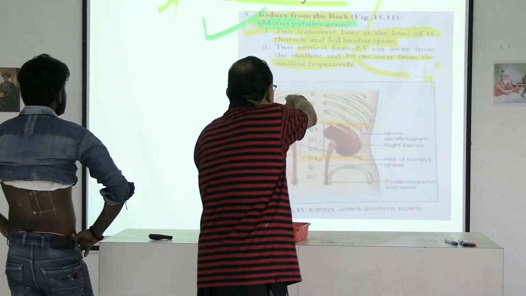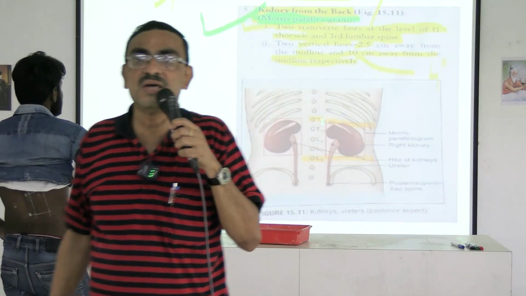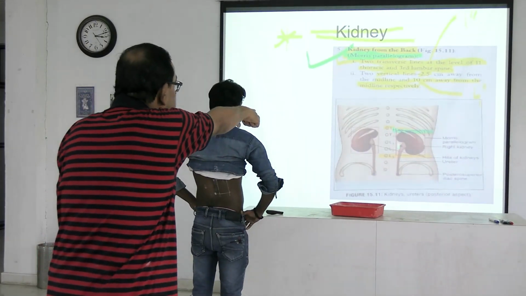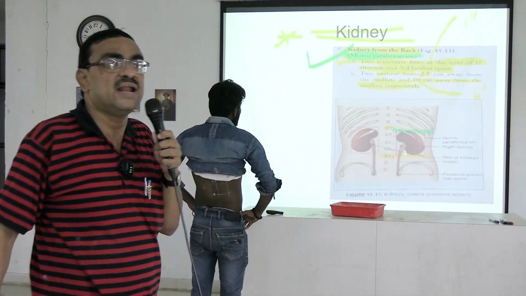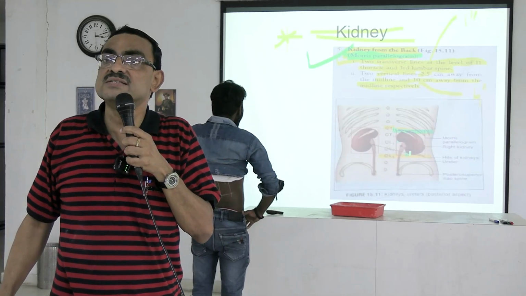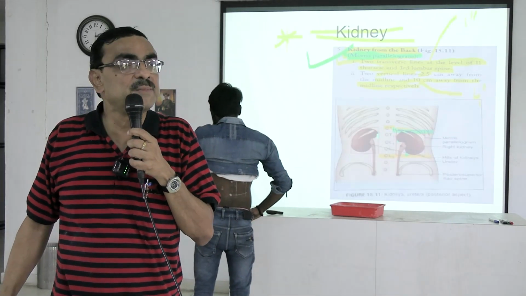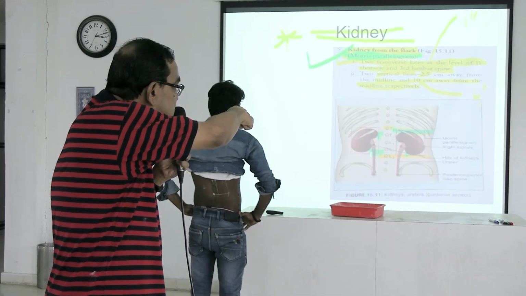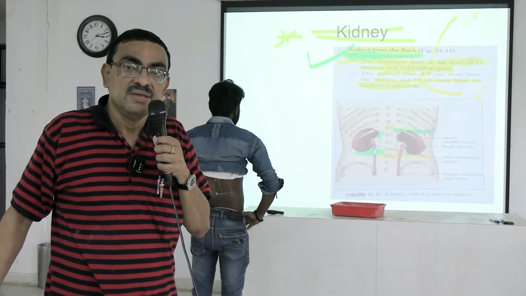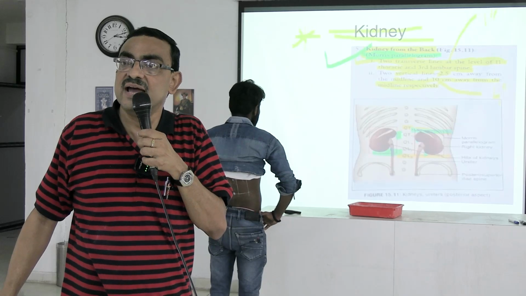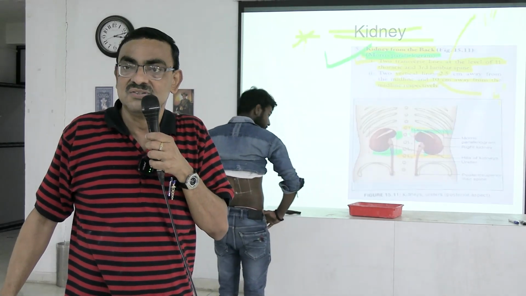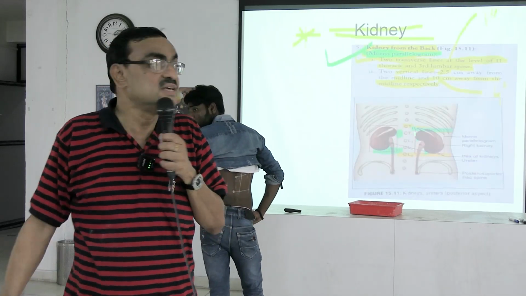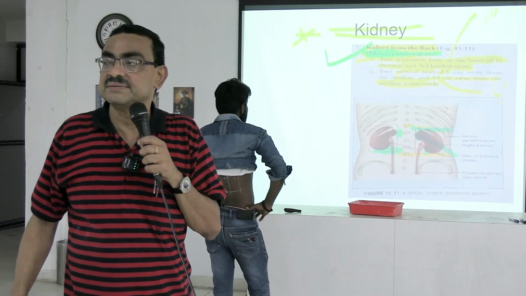You can see the upper pole is nearer to the midline, whereas the lower pole is away from the midline. The upper pole is 1 inch away from the midline, whereas the lower pole is 3 inches away from the midline. So it is placed obliquely. So this is called the kidney from the back.